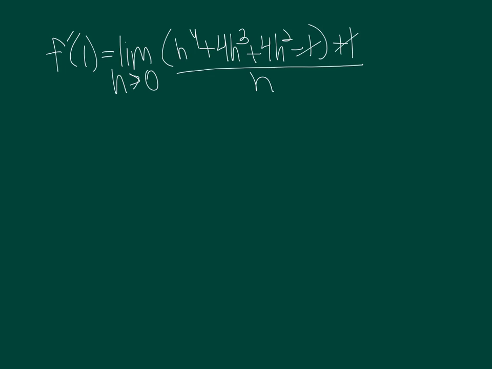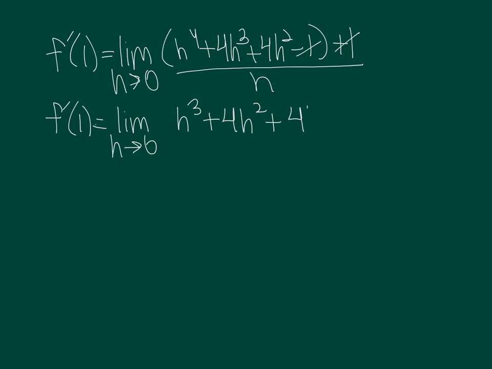Well, we can see those reduce out, and then we can also reduce out an h. So the limit as h approaches 0 for the derivative of the function at 1 is, we now have h^3 + 4h^2 + 4h. So now when I substitute in a 0, the derivative at 1 is 0.